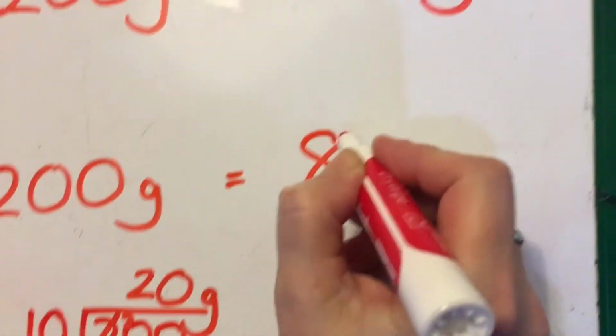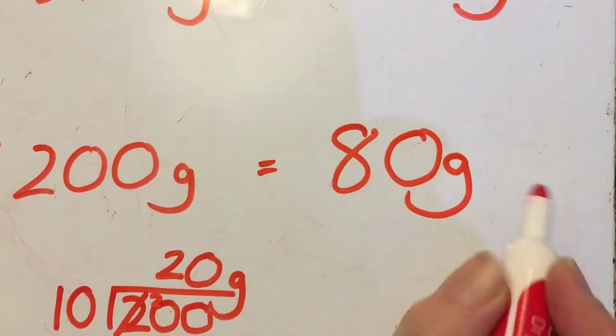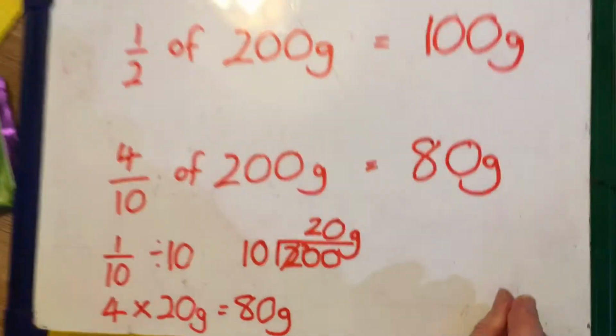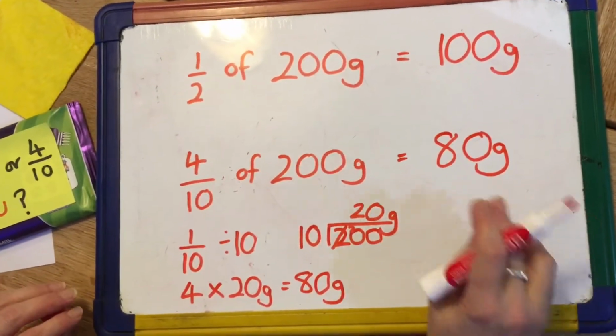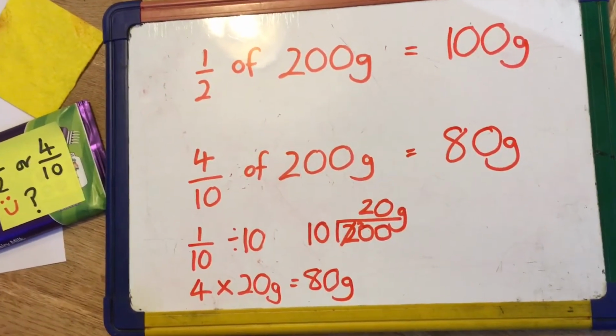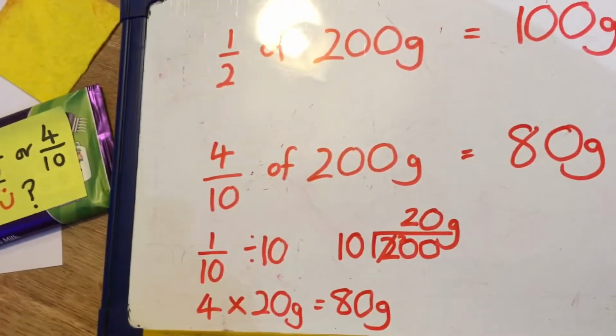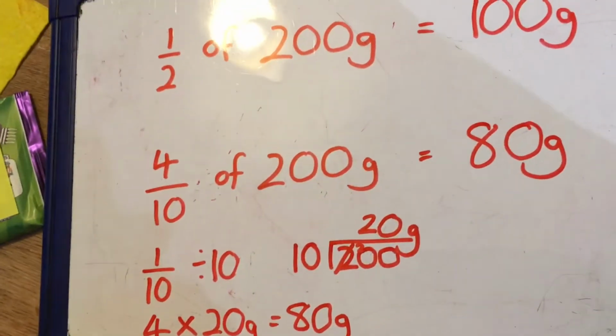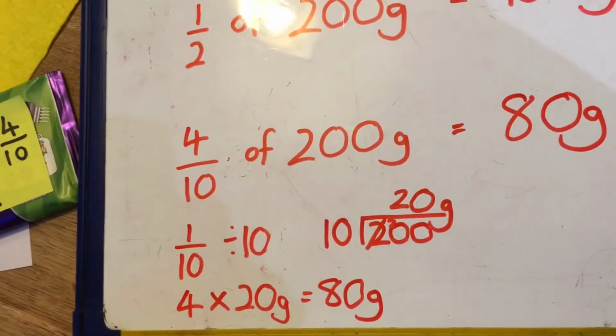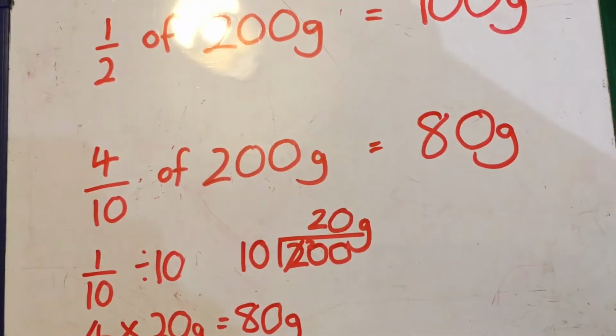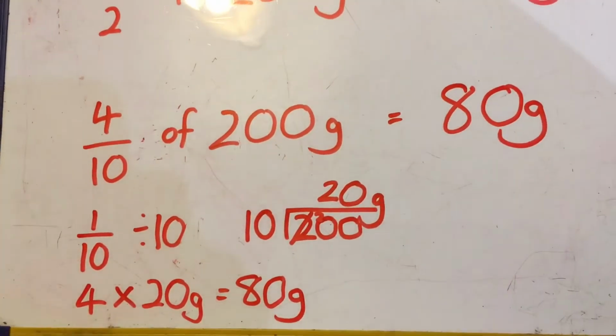Okay. Now, if you want to, you can double check your work by finding the fraction of the amount, or you could just practice, again, finding the equivalent fractions like I did first of all, okay? So there's a few sheets for you to have a go at.